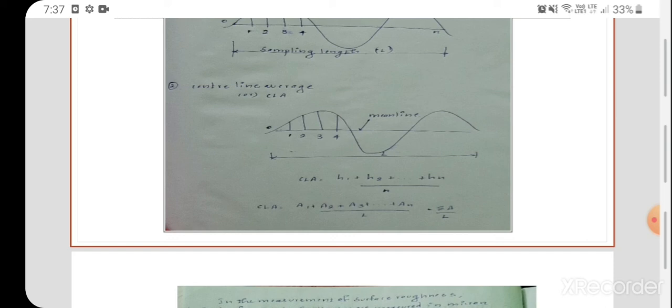Another formula can be used for calculation of CLA: CLA is equal to A1 plus A2 plus A3 up to An, divided by L, which is the summation of areas divided by the sampling length, capital L.